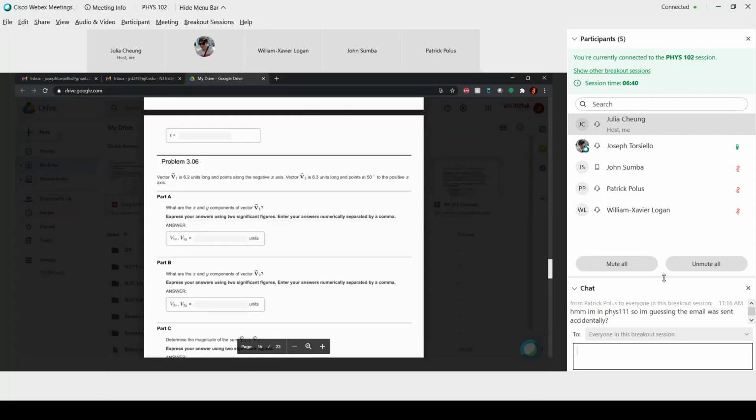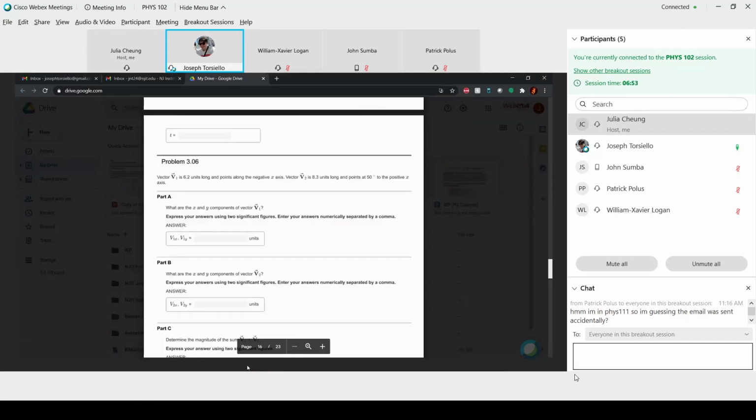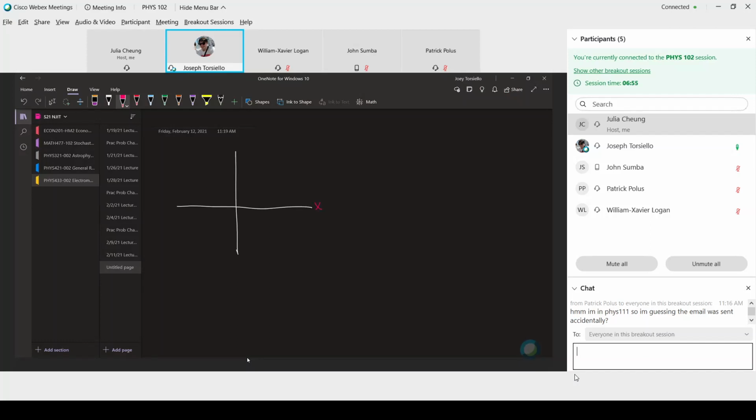So vector v1 is 6.2 units long, and it points in the negative x-axis. Here's x, y. So this is what the vector would look like. 6.2 units.